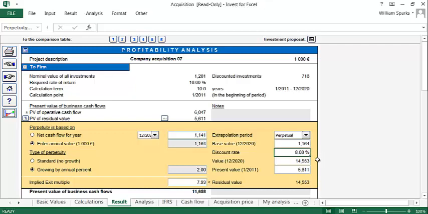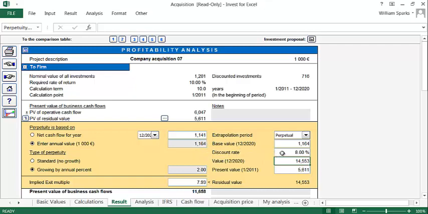So actually this value 14,553,000 is 1164 divided with 8%. So I mean, you can try the calculator. This is how companies are valued.